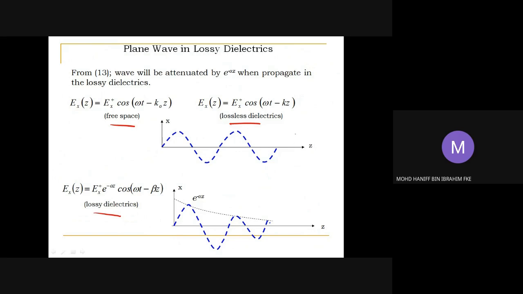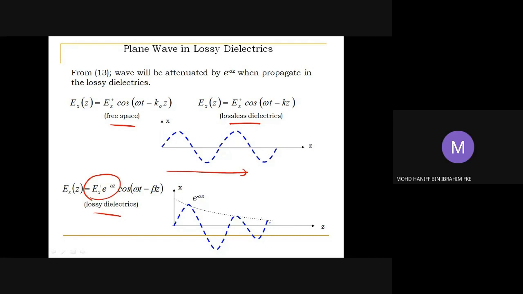There are no losses in the wave as we increase the distance of propagation. But when we have a lossy medium, based on the equation itself, the wave will be reduced exponentially as we increase the distance of propagation.